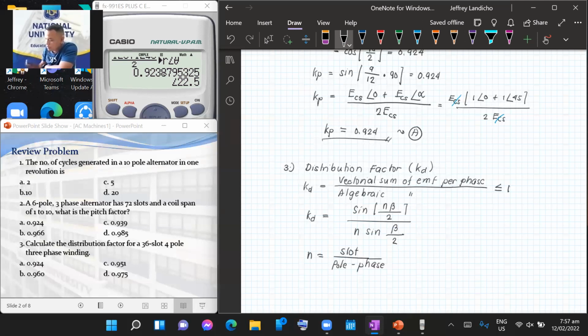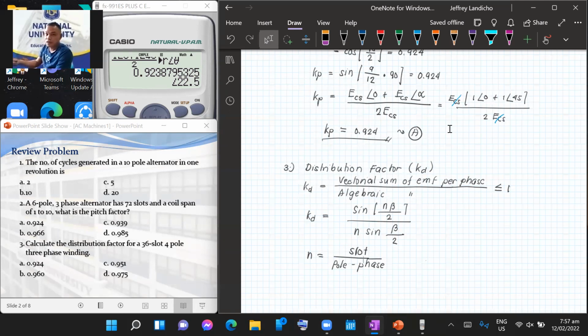So ibig sabihin, kung meron tayong 3-phase dyan, kada phase, or kada pole pitch, kung tawagin natin, no? Yung ating pole pitch is the slots per pole. So tulad dun sa ating previous problem, meron tayong 12 na pole pitch.